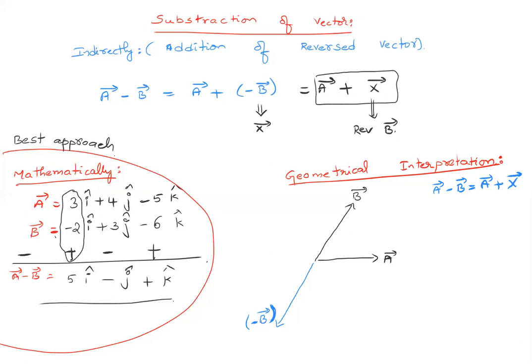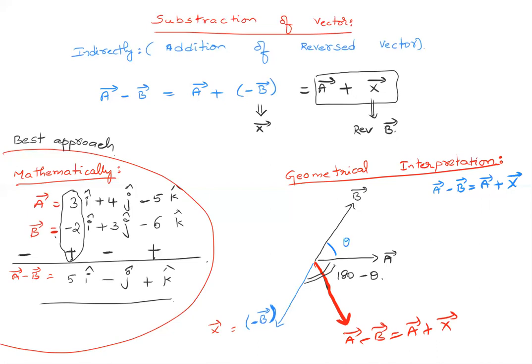So this is your x bar. Now between these two, if this angle is theta, your a bar plus x bar, which is your a bar minus b bar, will be here. And the angle between these two is obviously 180 minus theta.